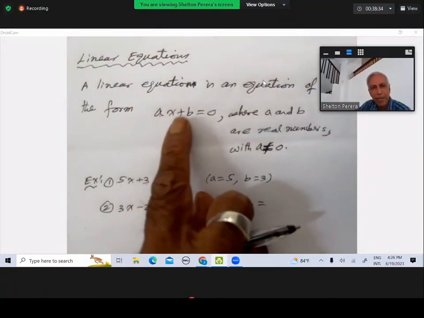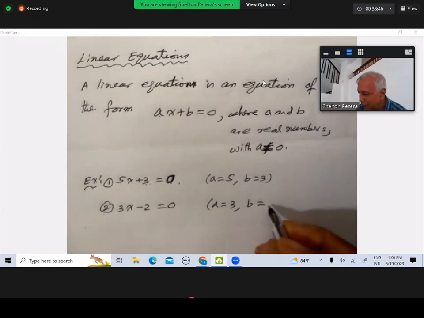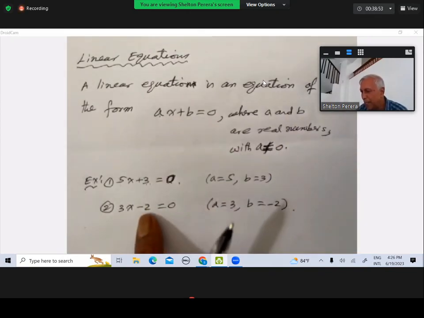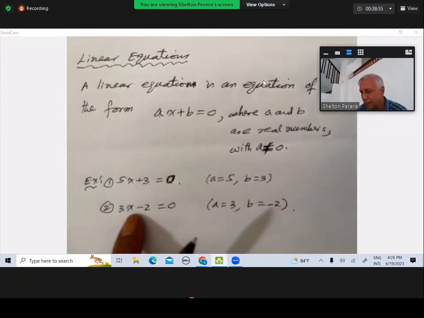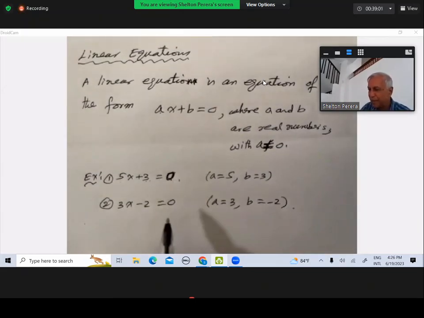It must be of the form ax plus b, no? I never said b should be positive. This is the same as 3x plus minus 2 equal to 0. So b is taken to be minus 2. It's of this form ax plus b, with b equal to minus 2. So that is an example of a linear equation.